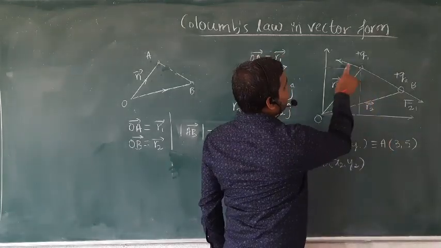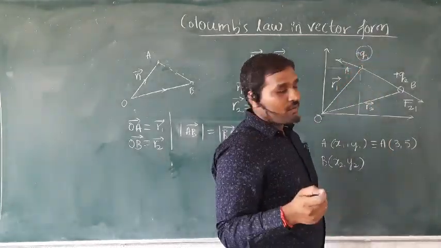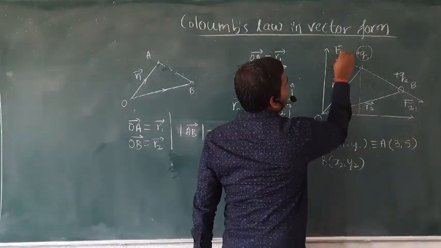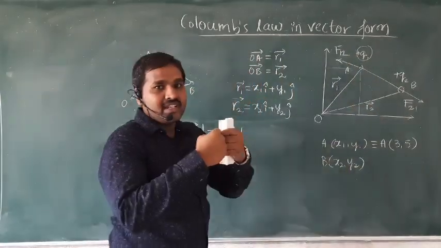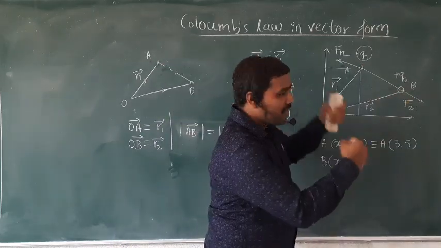Similarly, this charge Q1 also experiences a force of the same magnitude as F21, but in the opposite direction because they are like charges. They will be repelling each other, so Q1 and Q2 move away from each other.